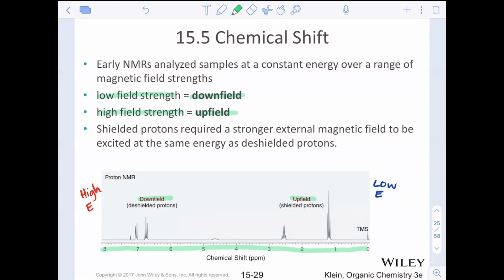So where I write high energy here, these de-shielded protons have a larger energy gap, and they're absorbing more energy from the radio waves, not the magnetic field, the high energy radio waves. And then the low energy here on the upfield, because electrons are still surrounding the nuclei, they are shielded nuclei, and they tend to absorb lower energy radio waves.